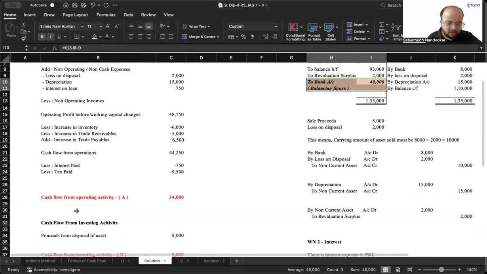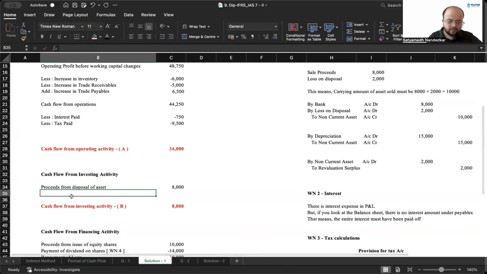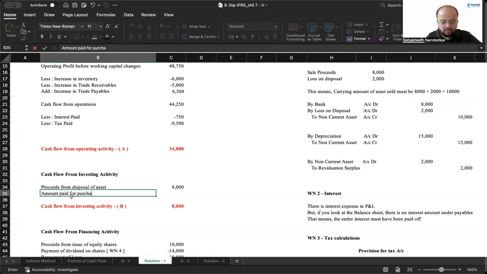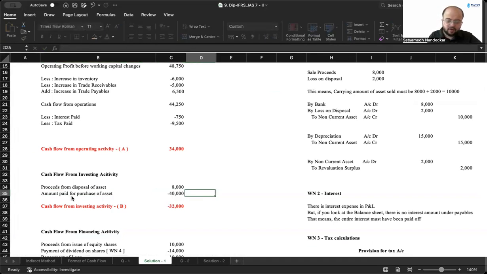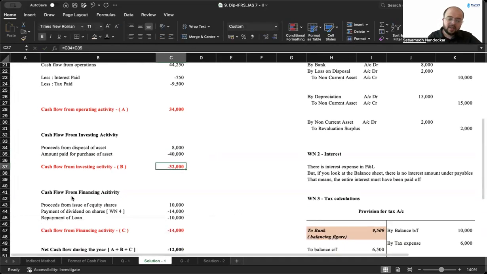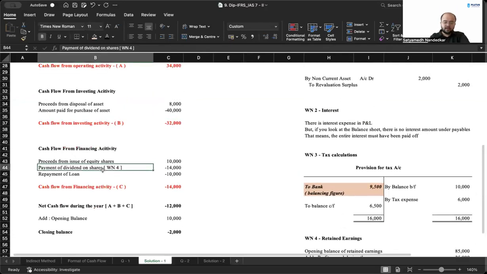So write it down here: amount paid for purchase of asset, minus 40,000. This gives you cash flow from investing activity 32.